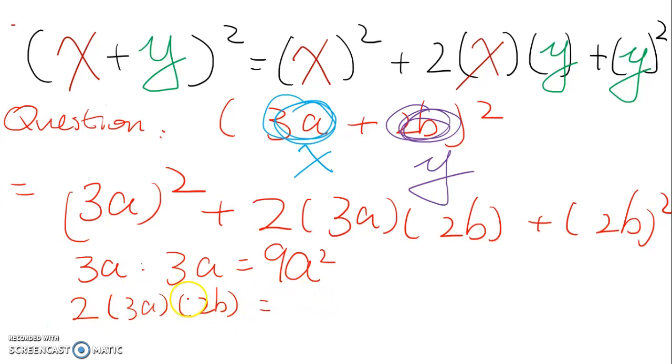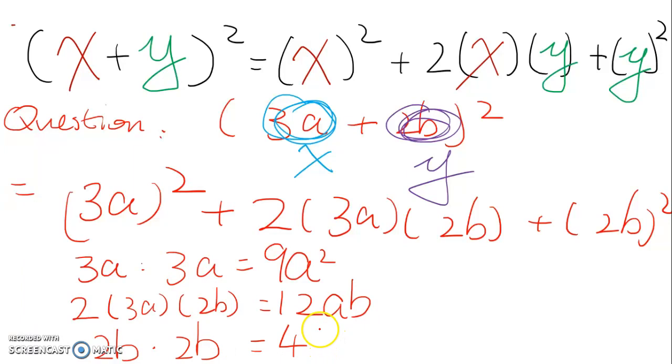Numbers, 2 times 3 times 2, which would equal 12. Letters, a and b. Like you don't mix apples and bananas together, we have 12ab. Now lastly, (2b) squared, we have 2b times 2b. Numbers, 2 times 2, which equals 4, b times b, which equals b squared.